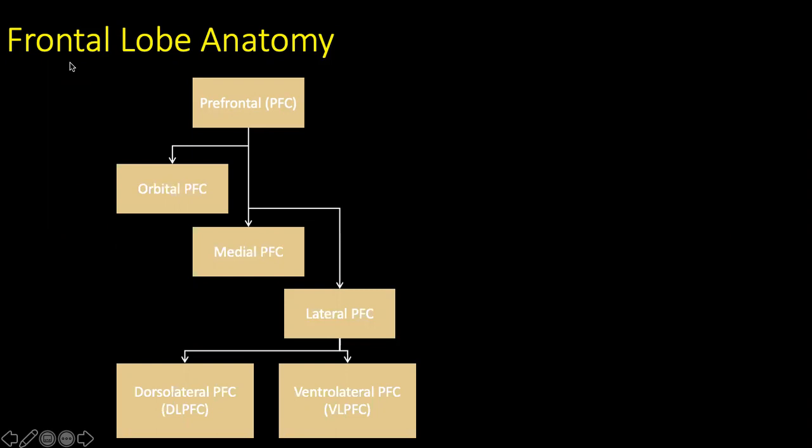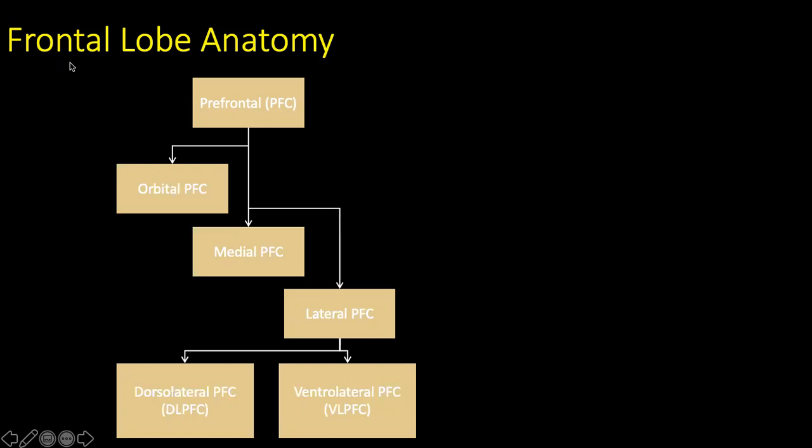If you remember your orientation types of neuroanatomy from intro neuro or even intro psych, dorsal means kind of up and ventral means below. So dorsolateral would be the more superior part of prefrontal cortex, and ventrolateral would be the more lower or inferior part of lateral prefrontal cortex.